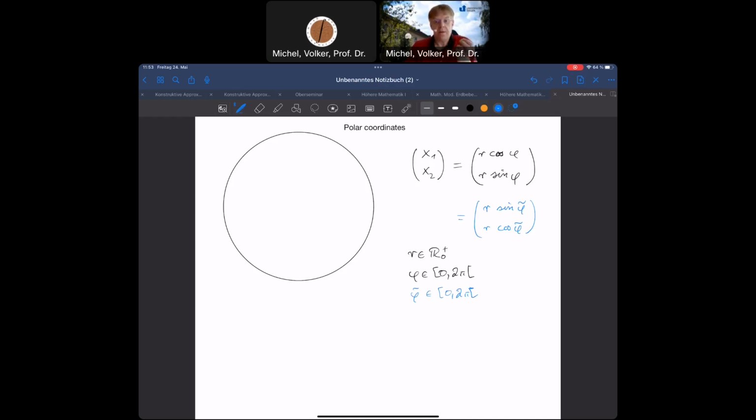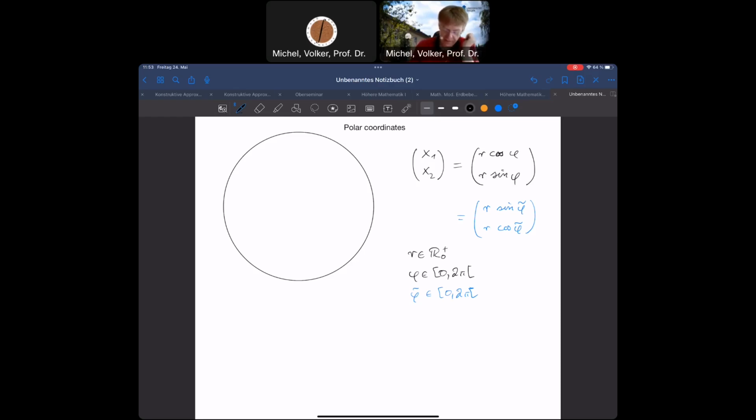So what are the differences between the red and the blue version, the cosine phi and sine phi, and the sine phi cosine phi version? One thing again is the starting point. So for phi equals 0, the cosine is 1 and the sine is 0. So the black version gives you a 1, 0 version. So it's an R0 version.